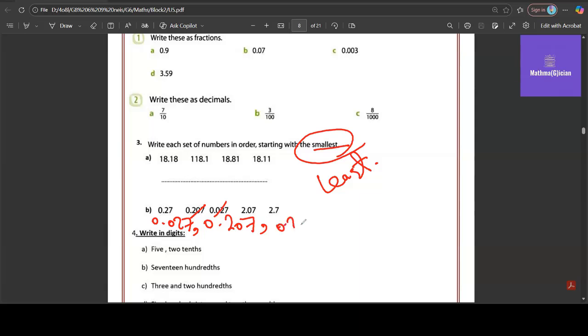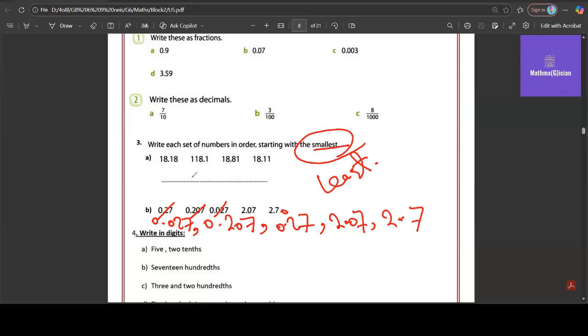Okay, nice. Check. Which one, 2.07 or 2.7? 2.7. Okay, 2.07, and the greatest number would be 2.7.